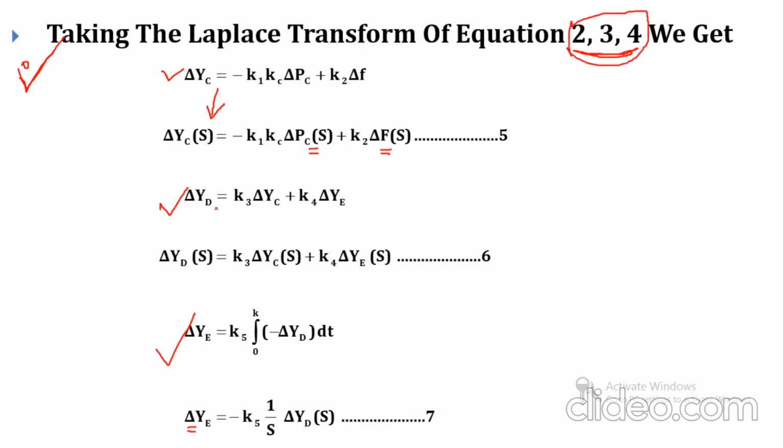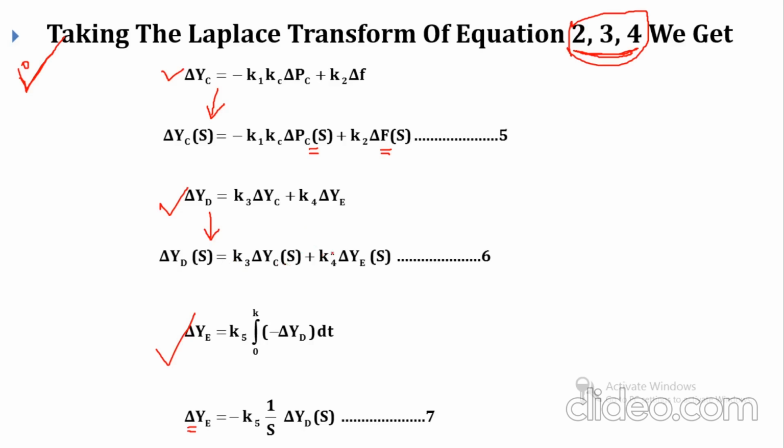Now second, equation number 3, that is delta yd is equal to k3 into delta yc plus k4 into delta ye. So its Laplace transform is delta yd of s is equal to k3 into delta yc of s plus k4 into delta ye of s.